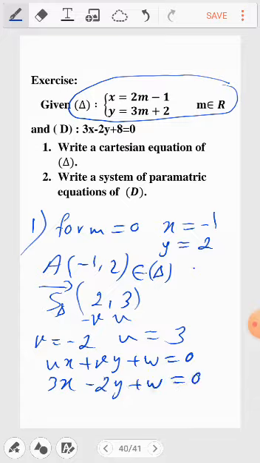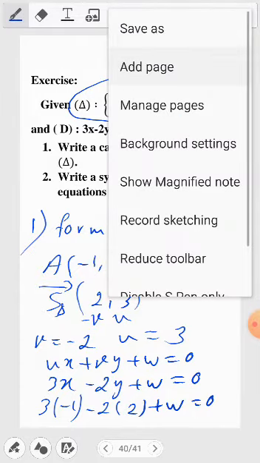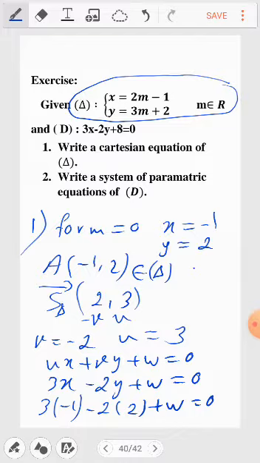But A belongs to delta. عشان هيك لقينا جبنا البوينت A on this straight line. Substitute A in this straight line. So 3 times minus 1 minus 2 times 2 plus w equal to 0. So minus 3 minus 4 plus w equal to 0. So w is equal to 7.